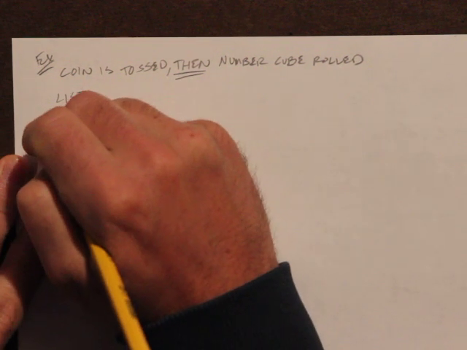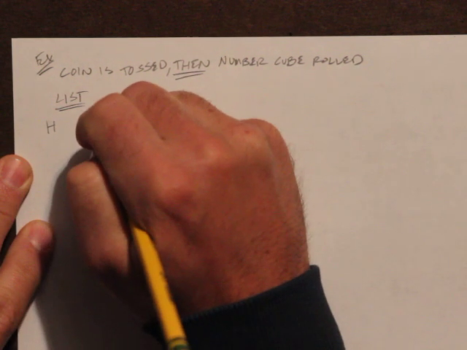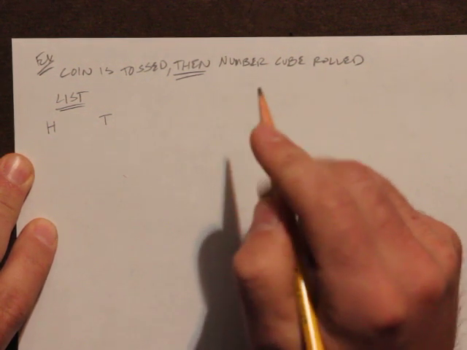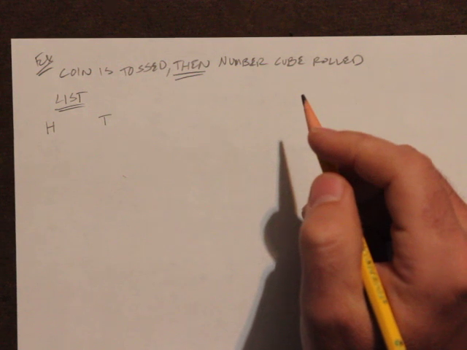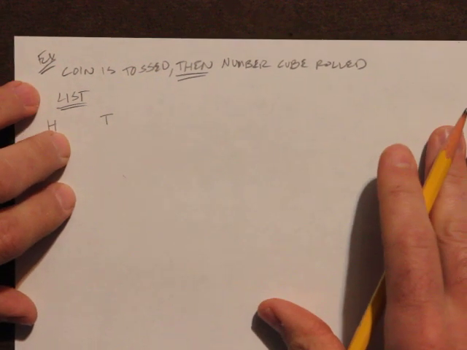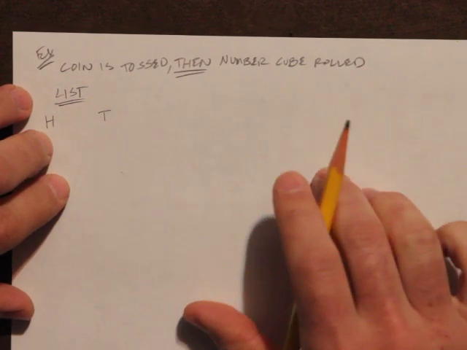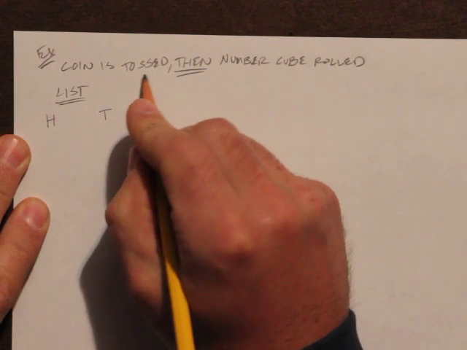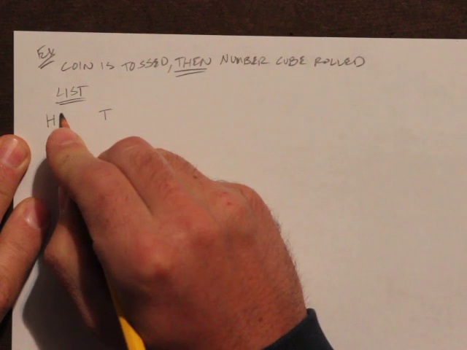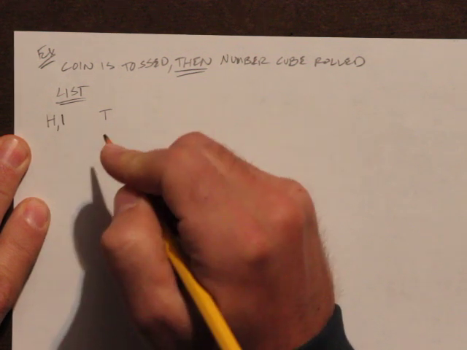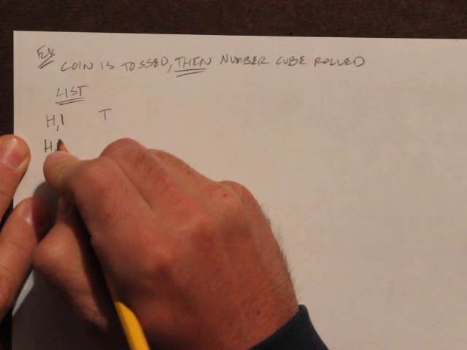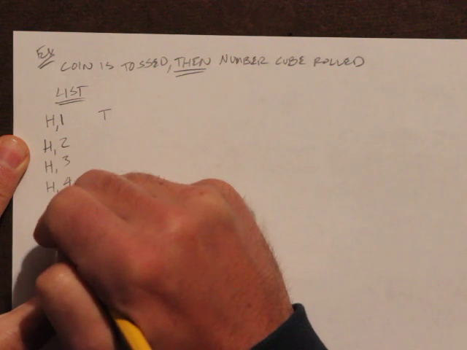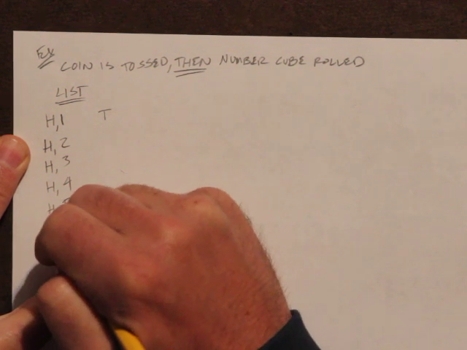All right, so I can get heads, and I can get tails. And then a number cube is rolled. So the number cube, it's a six-sided die. Whenever the book says anything about a number cube, that's what it means, six-sided die. And so I can toss and get heads for my coin, and then I can get 1 on my number cube, heads 2, heads 3, heads 4, heads 5, heads 6.